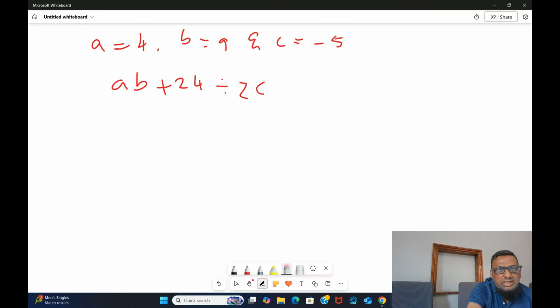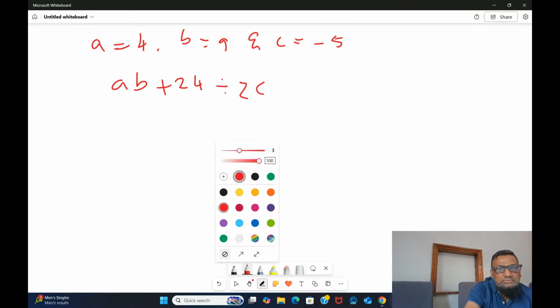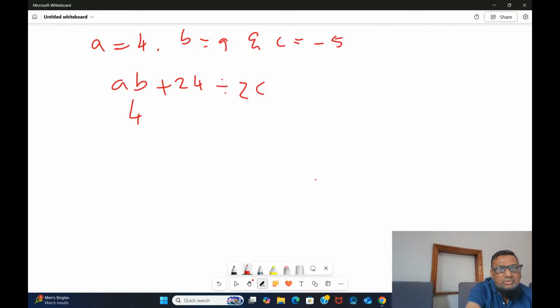So A is 4, and the value of B is 9, and plus 24, and use the divide sign like that, and then 2C.